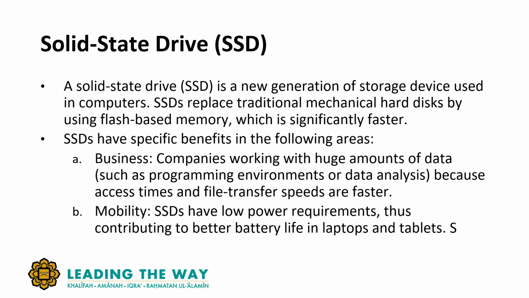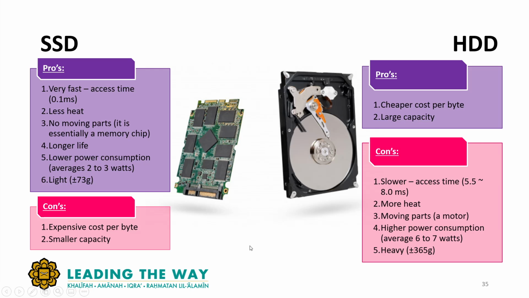Okay, so now we will see the differences between SSD and the hard disk. An SSD has an access speed of 35 to 100 microseconds, which is nearly 100 times faster.